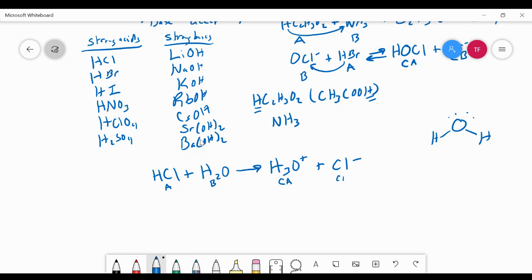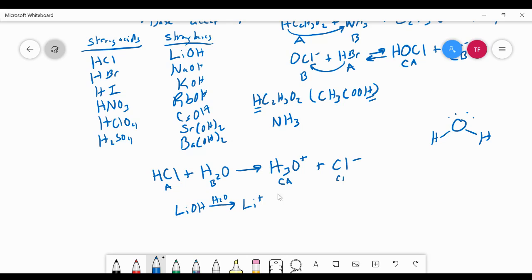So with strong bases, if I put a strong base, let's say lithium hydroxide, and I place that in water, the lithium hydroxide is actually not going to react with the water. The water is simply going to dissociate the lithium and hydroxide ions. So I'm going to write water above the arrow here, just saying that it's not actually carrying out a reaction. It's just going to cause the lithium hydroxide ions to split apart.